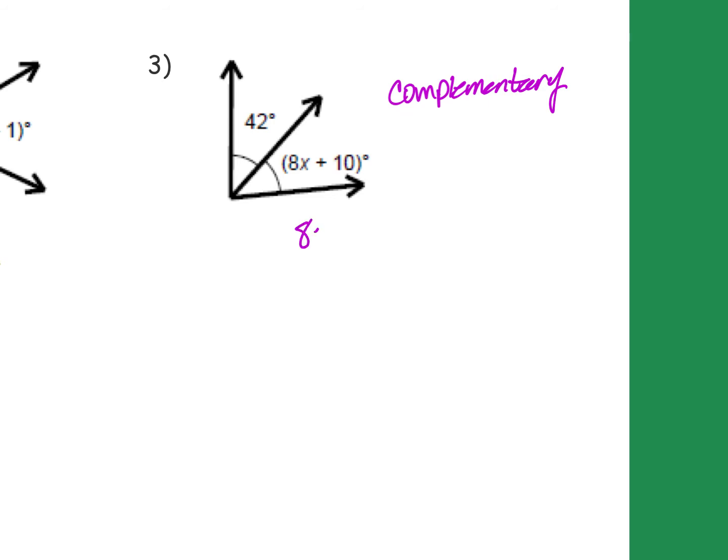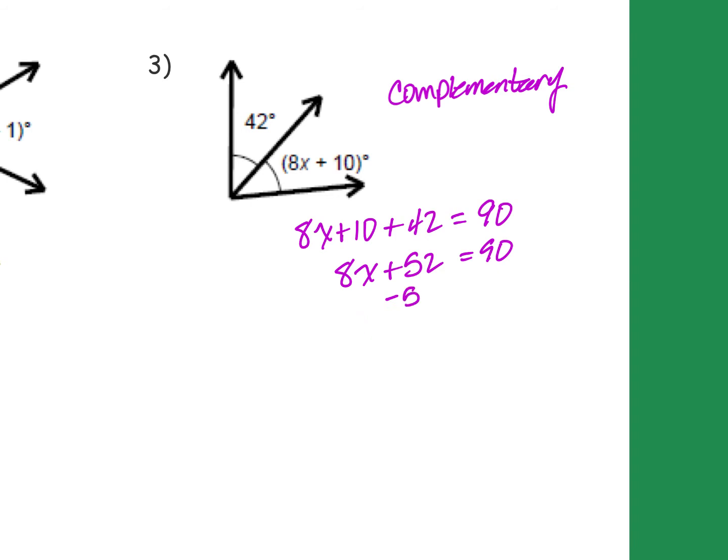So that's 8x plus 10 plus 42 equals 90. So if I simplify the left side, 8x plus 52 equals 90, right? Because they're on the same side of the equal sign, I just add them together.